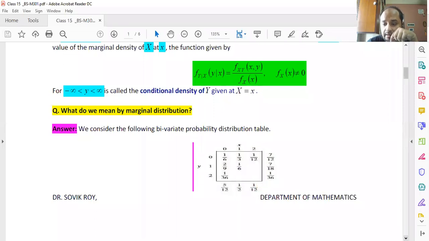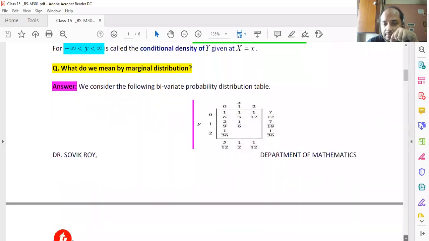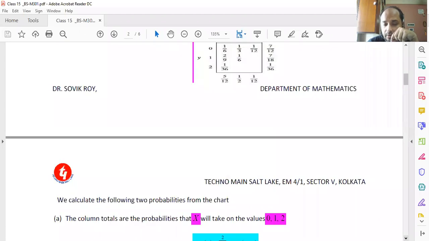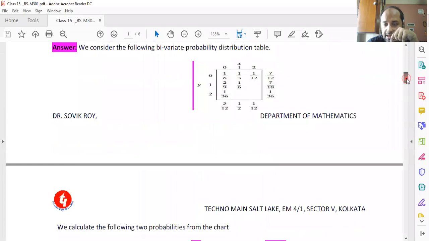Now, why am I showing this particular example to you? It is because I'm going to tell you what marginal distribution is. Let me show you from the chart first of all that the probabilities written inside the rectangular box, in their entirety, are joint probabilities.